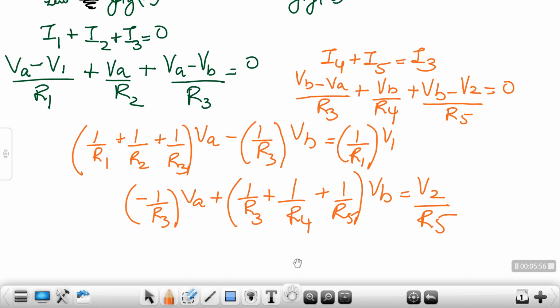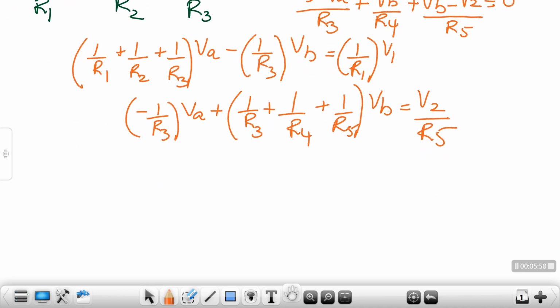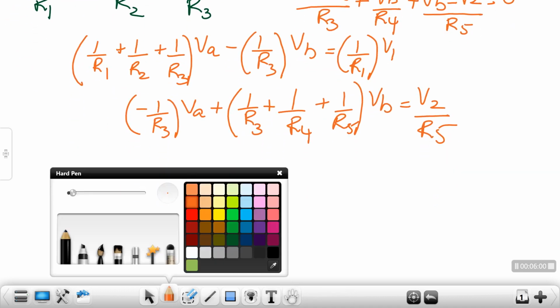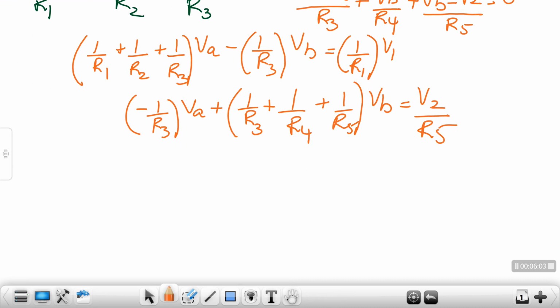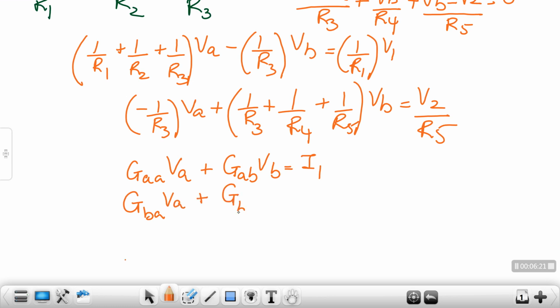So in general, the above equations can be written as GAA VA plus GAB VB is equal to I1, and GBA VA plus GBB VB is equal to I2.